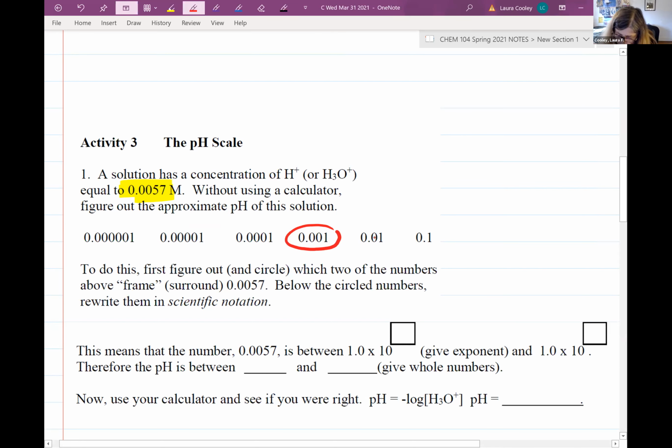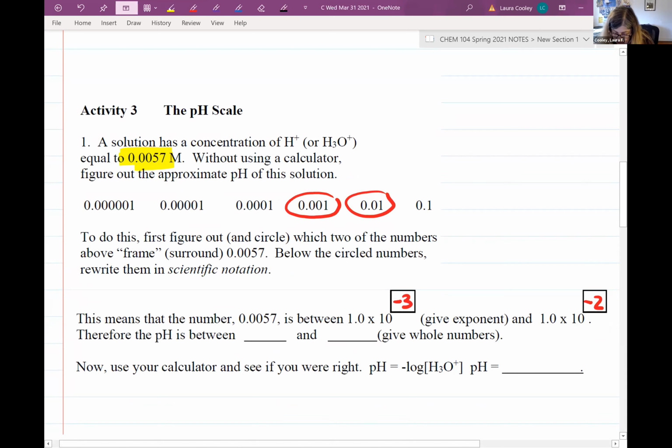It's between 0.001 and 0.01. 0.001 is 10 to the negative 3. 0.01 is 10 to the negative 2. So since I have bracketed this number between these 2 powers of 10, that means that my pH will be between 3 and 2, the negatives of those numbers.